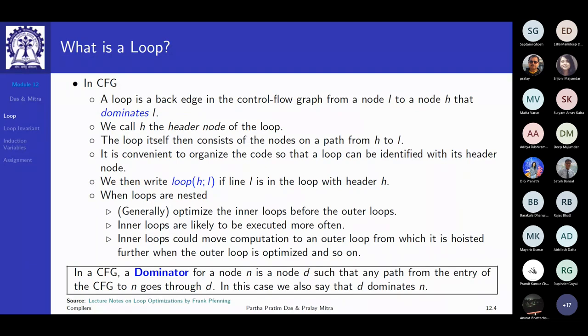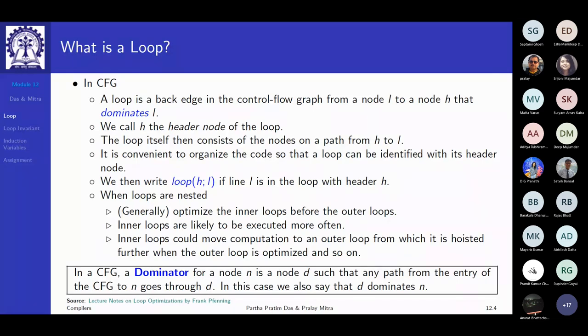So a loop is a back edge in the control flow graph, obviously, because you are looping, so you have to come back. So it's a back edge in the control flow graph from a node L to a node H that dominates L. So now we can see that our common notion of a loop is getting formally defined.